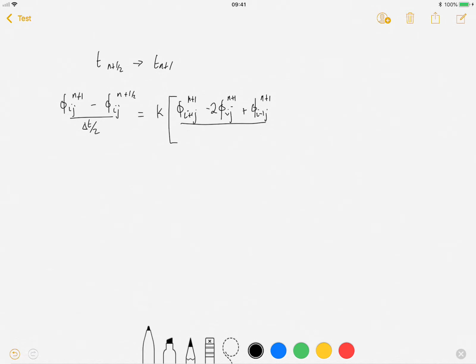Now it's the i terms that are changing, so that's Δx², plus (φ_(i,j+1)^(n+1/2) − 2φ_ij^(n+1/2) + φ_(i,j−1)^(n+1/2)). And now it's the j terms that are changing, so we divide by Δy².